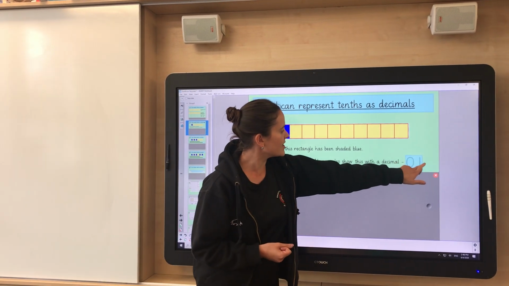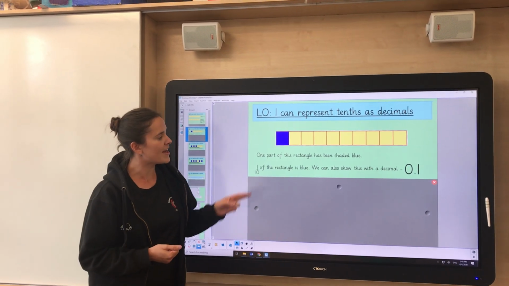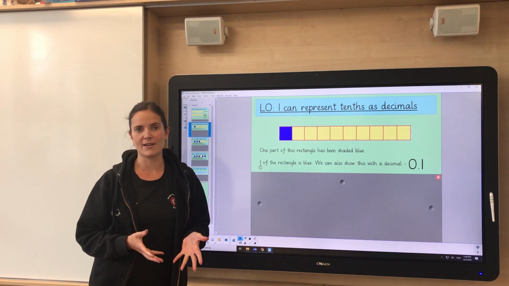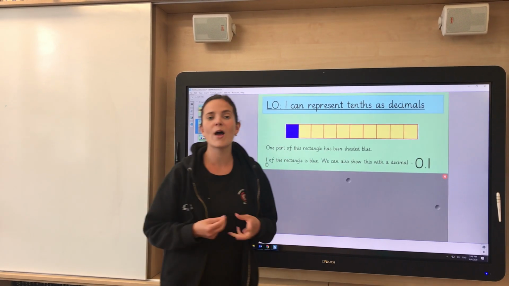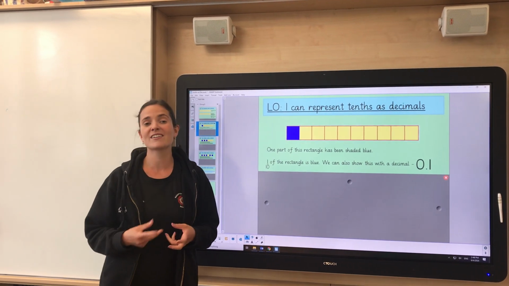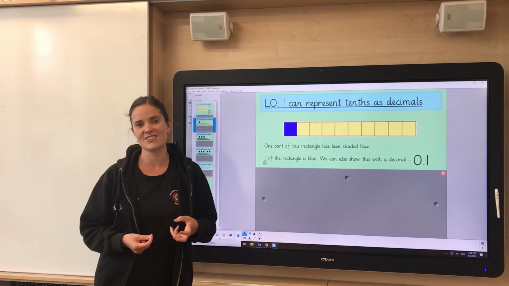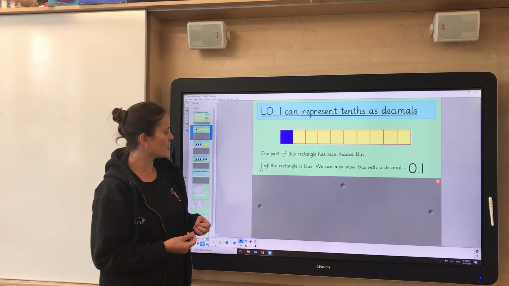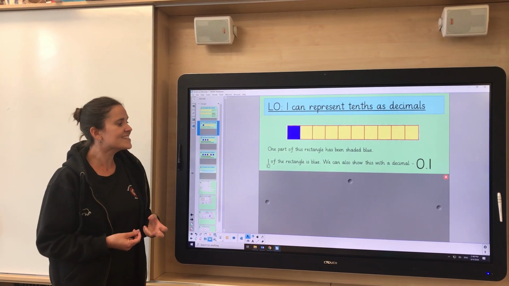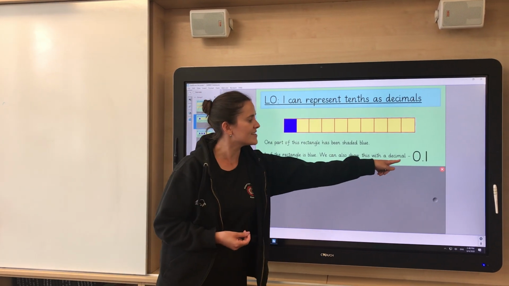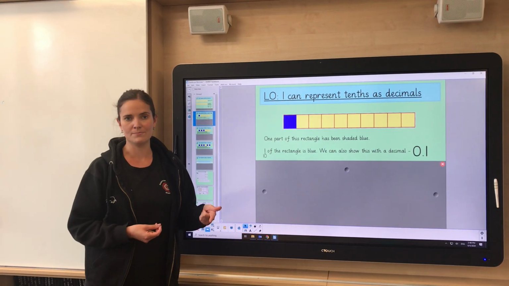So when you see a decimal number, that is what they look like, okay? They have got a decimal point somewhere in them, and you should recognise that from our work earlier this year on money. So, 1/10 as a fraction, as a decimal, we would write it as 0.1.